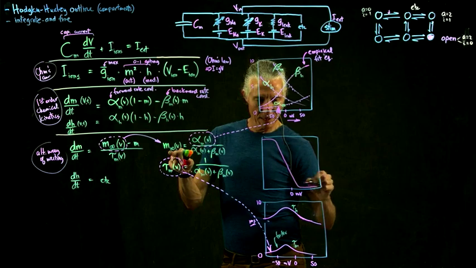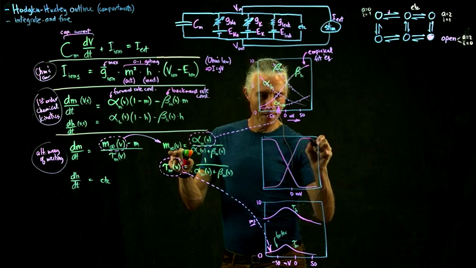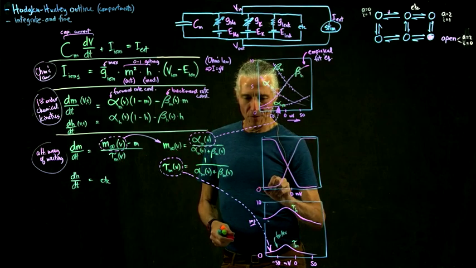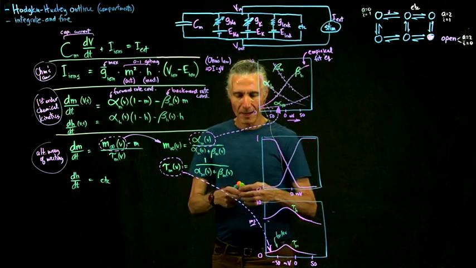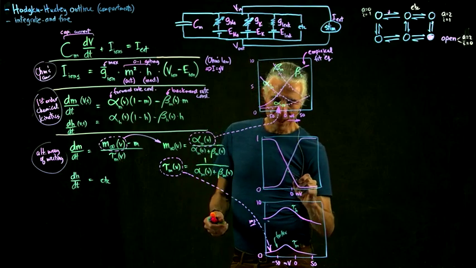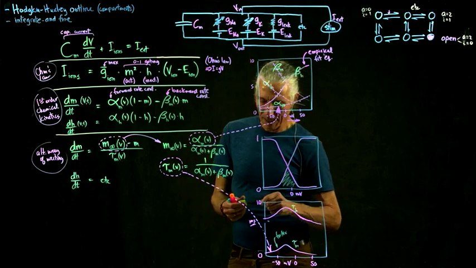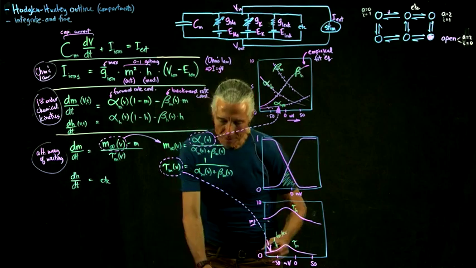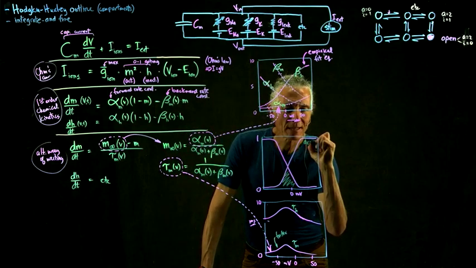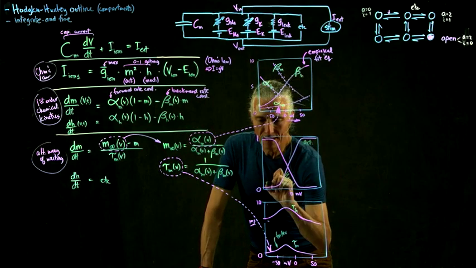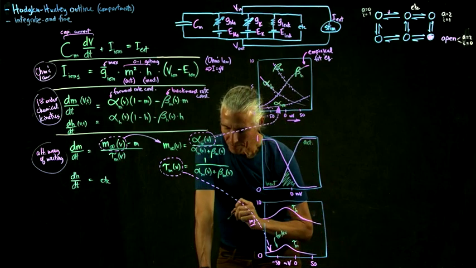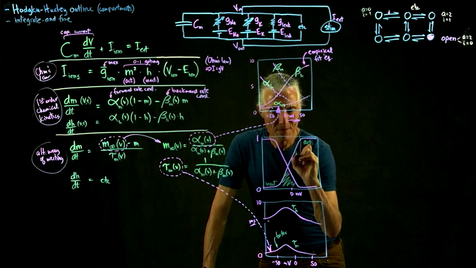When you actually see these equations plotted out, they're not so bad. This is the gating variable. It goes from 0 to 1. We mentioned that the channel is only open in this case. This is when the channel is activated, and this is when the channel is inactivated, because this one is the M variable, the M infinity as a function of voltage.